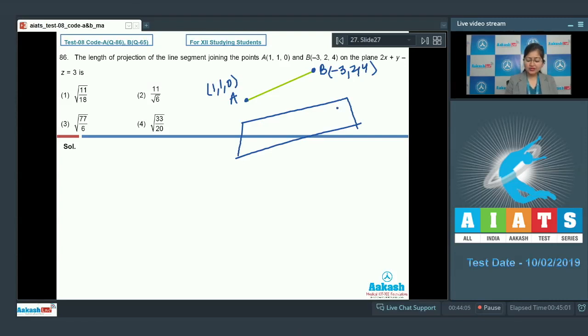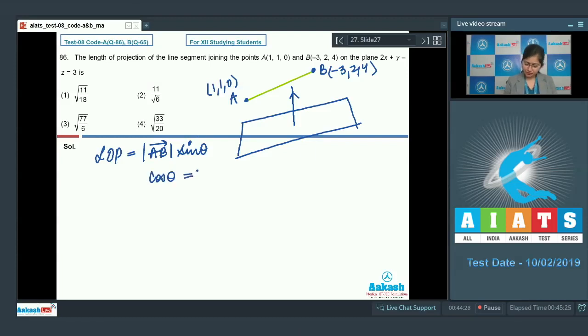Now, if I say that the line AB and the line normal to this plane are making angle theta with each other, then the length of projection will be equal to |AB vector| into sine theta. Is that clear? So let us firstly find cos theta.